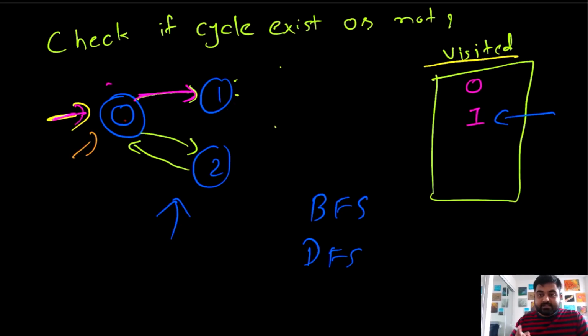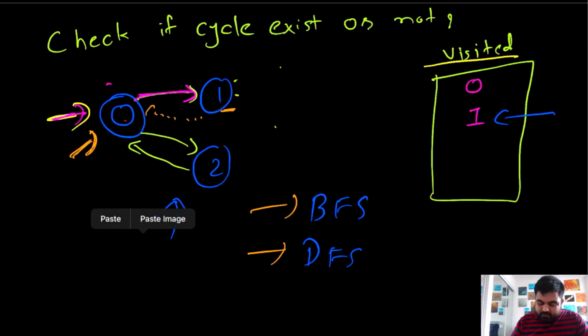But in this scenario, remember, we are not ending up at this 0 because from 1 there existed an edge like this where we consider 0 to be 1's neighbor. We are coming back to this 0 because we are using backtracking through a BFS or DFS algorithm. We can implement this recursively or iteratively, it doesn't matter. In any scenario we will have to iterate over all the nodes present inside the given graph, and since we haven't traveled all the nodes, that's why we are coming back to the 0.